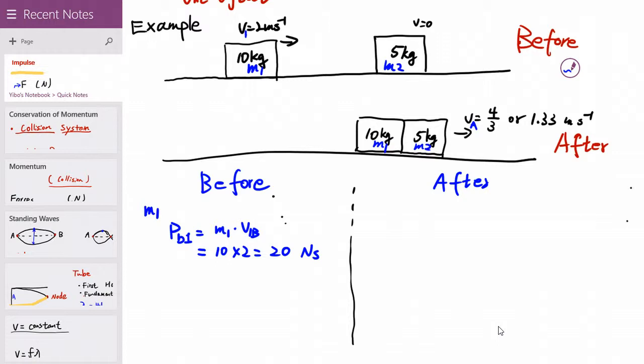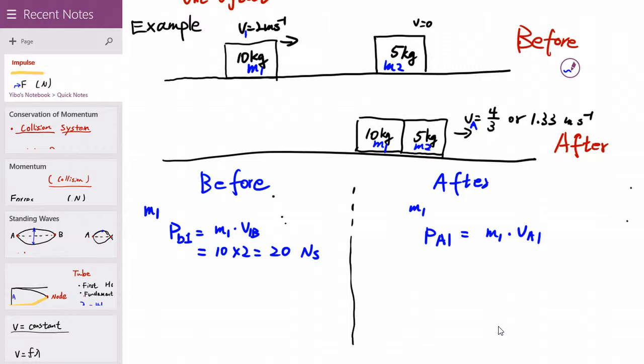After the collision, the momentum of object 1 will be M1 times V1 after, the velocity of object 1 after.